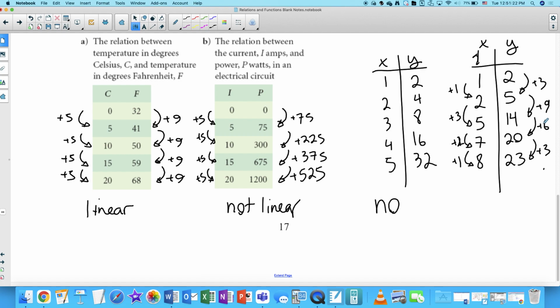And then it changes by 1 again, and this changes by 3. So you want to make sure when you're looking at these that you pay attention to the x column as well, because if that is not changing by a constant amount, then you may have to look at the in-between values to be able to tell if it's linear or not, okay? So this is linear.